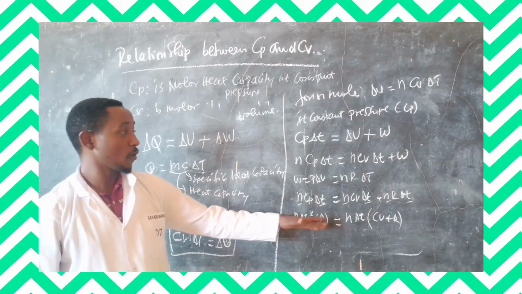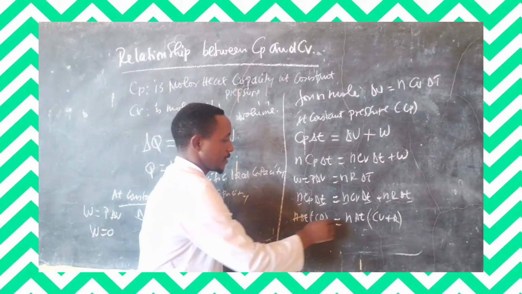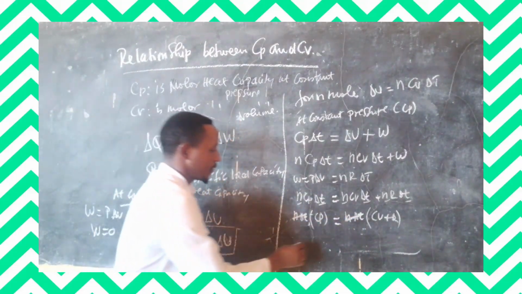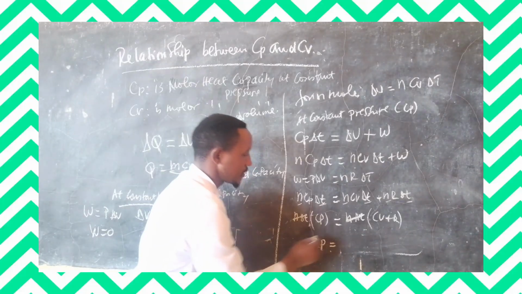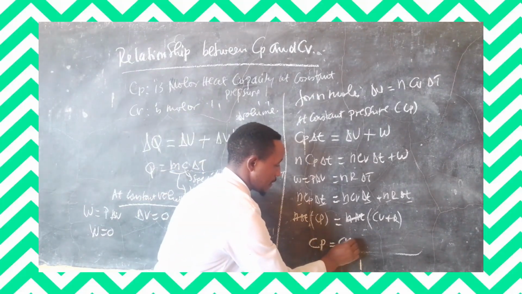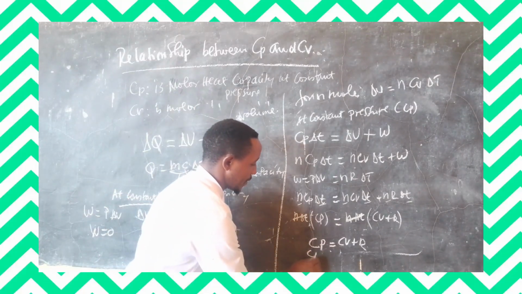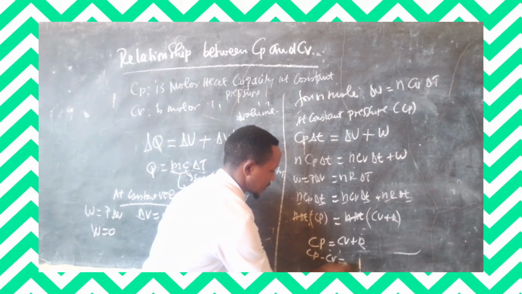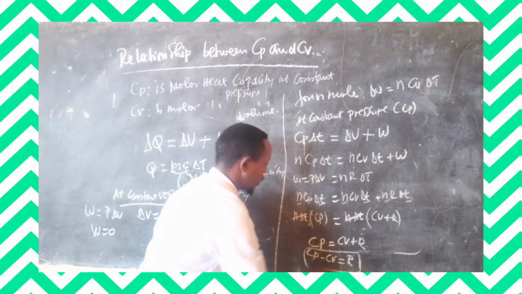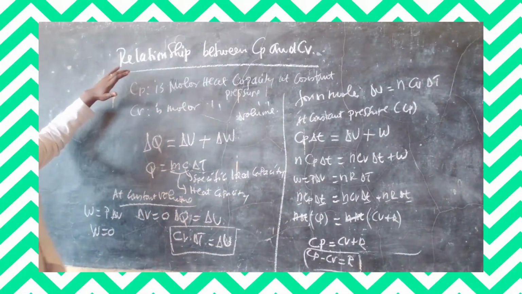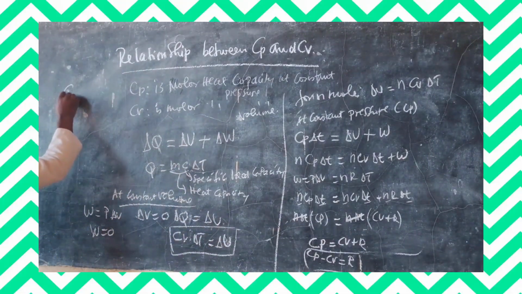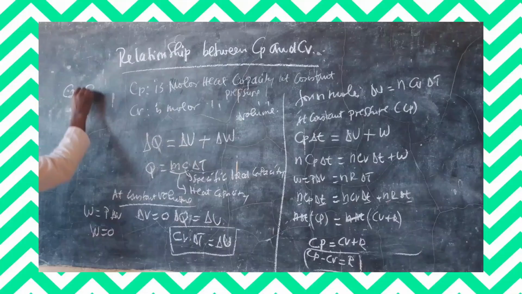Divide both sides by n dT. Then Cp is equal to Cv plus R. So in that case, Cp minus Cv is equal to R. It means that the relationship between Cp and Cv is Cp minus Cv equal to R.